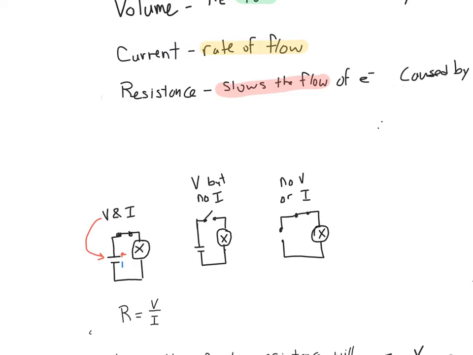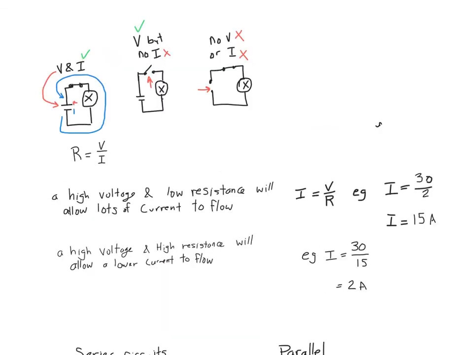And if you remember, electrons will flow out from the negative and in towards the positive terminal of the battery. I like to think of it as them being repelled from other electrons in the battery, and being attracted towards this positive end. Okay, so that's how I like to think of it. They're being pushed out by repulsion.